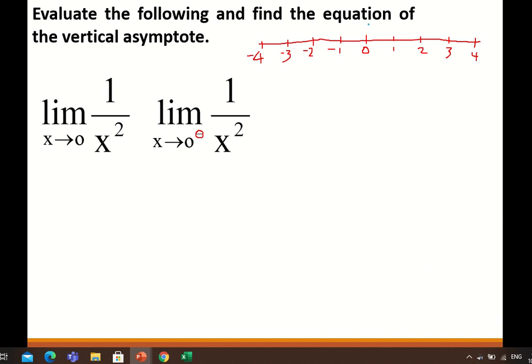Okay, so as x approaches 0, taking this expression, the limit of 1 over x squared as x approaches 0 from the left, using negative values here. So what's the result? When x is equal to negative 4, negative 4 squared becomes positive, right?